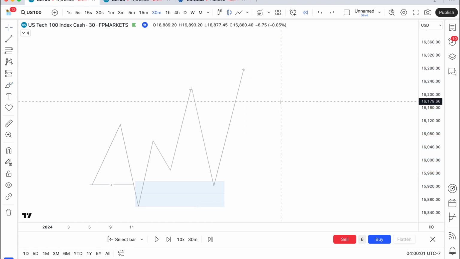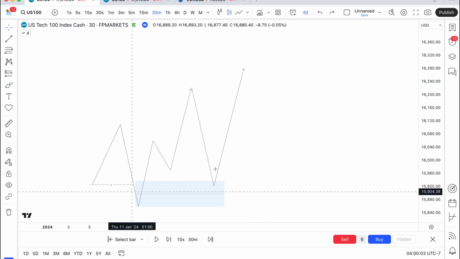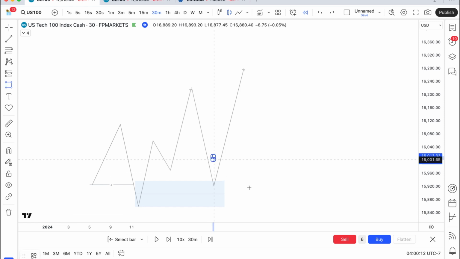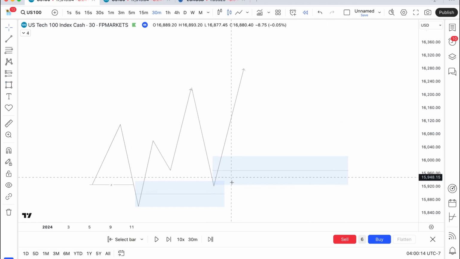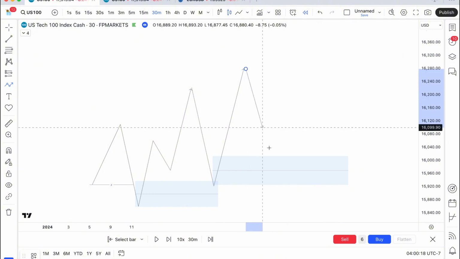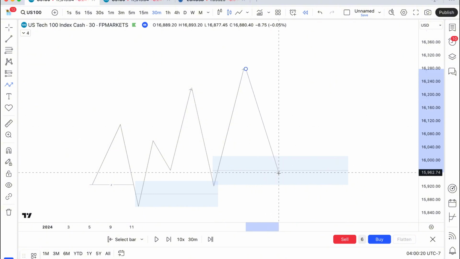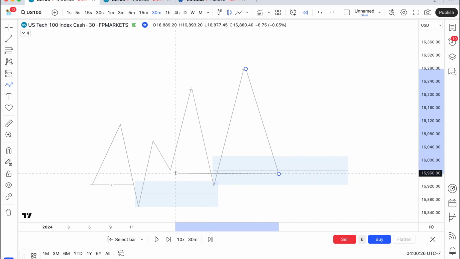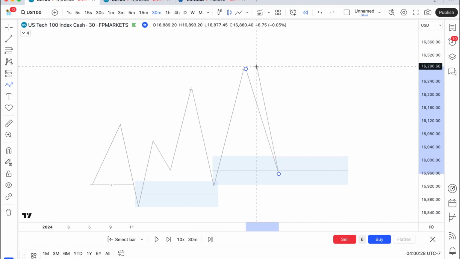Having said that, not every supply and demand zone is equal. If we do expect prices to retrace, a lot of people can anticipate it, predict it, and wait for prices to get back to this demand zone. A lot of traders will say, okay, this is a demand zone where price swept liquidity and ran, and now we're expecting price to get back here, which is very true.